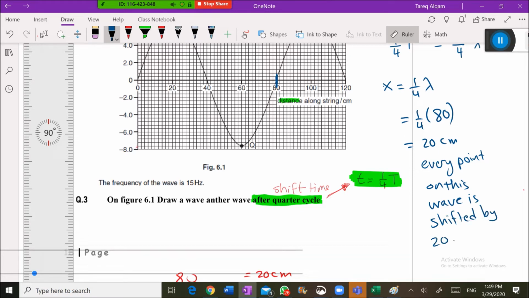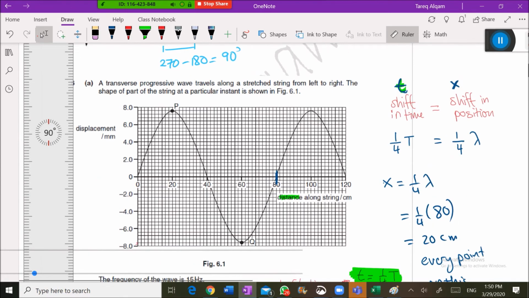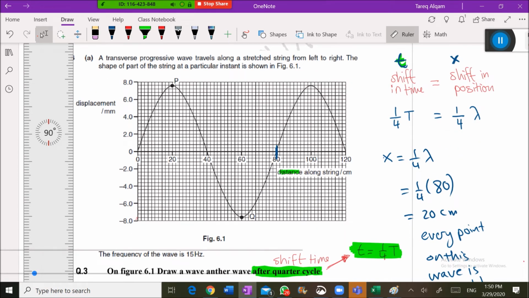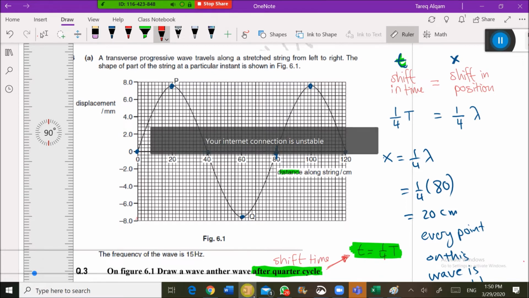So how will I do this shift? I will select major points. What are the major points? Crest, zero, trough, zero, crest. I will shift them only. Pay attention please, it's an important one. Shift this point 20.